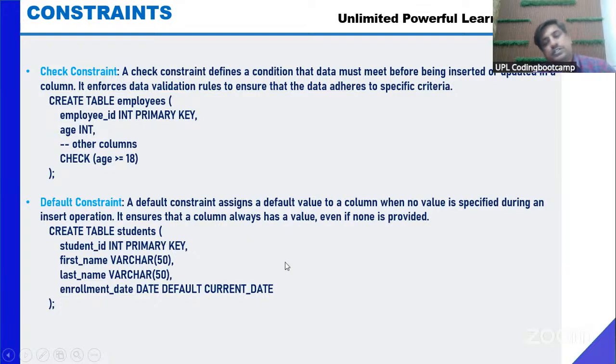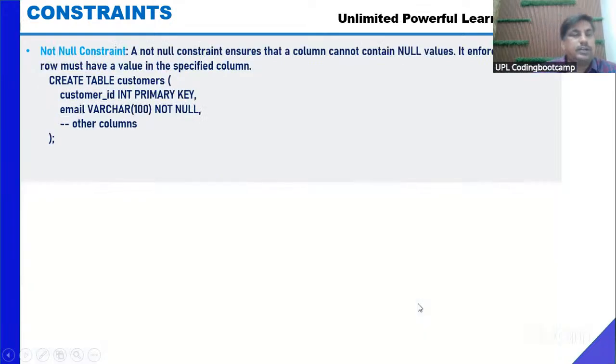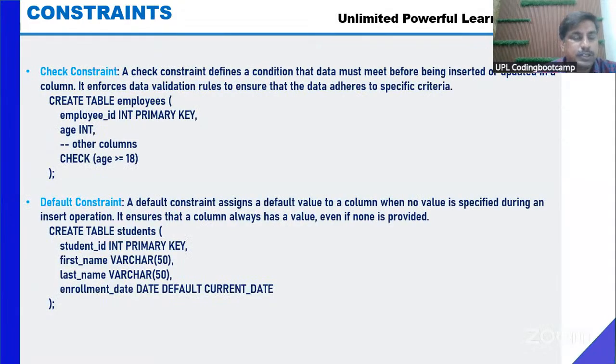And the not null constraint: if you don't want to allow empty, then we can give not null. Like this, we have these constraints which help to maintain the database in the proper way, so that it does not come up with anomalies or problems. This is what we call a constraint.